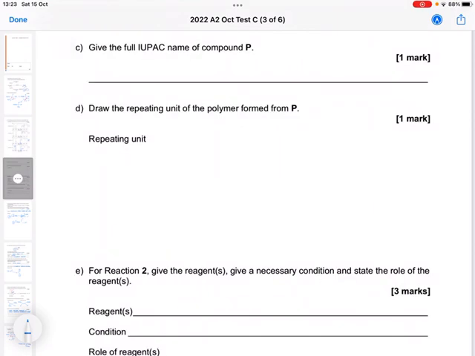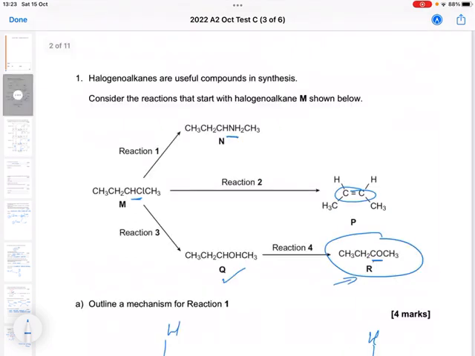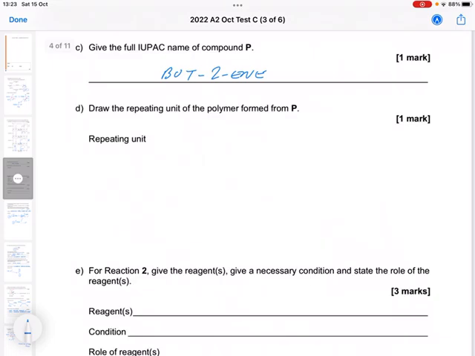Give the IUPAC name for compound P. So it is butene. But if we go back to this, you can see that we've got the Z isomer of this, so I need a Z in front of this as well.